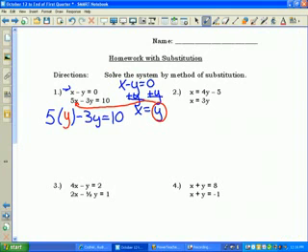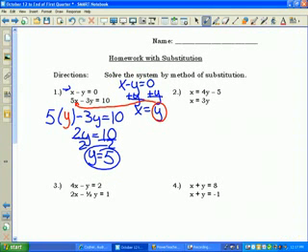From here, I'm just solving. 5 times y gives me 5y. 5y minus 3y will give me 2y equals 10. So 2y equals 10. I have to divide both sides by 2. So now y equals 5. As I look, I found y, now I need to find x.